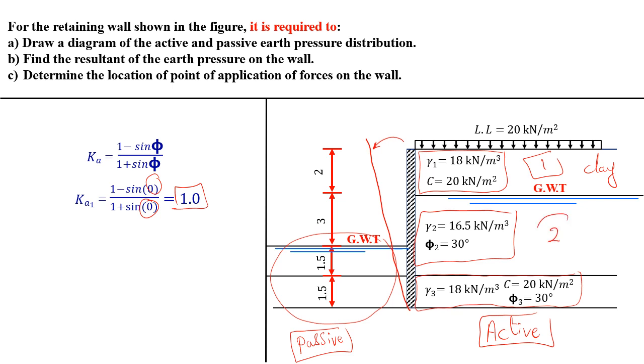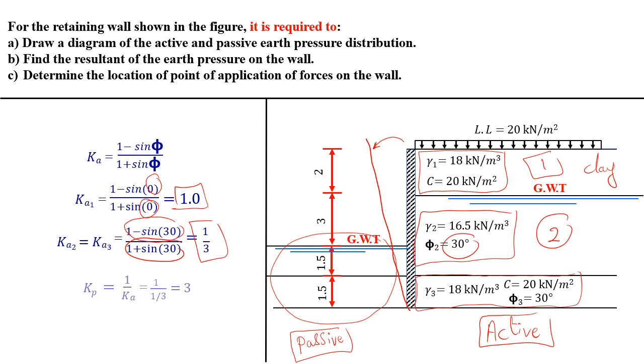For the second soil, which has an internal friction angle of 30 degrees, it's a sand layer, K active will be one third, 1 minus sine 30 over 1 plus sine 30. The second layer has the same K active as the third layer. Both of them have a K active value of one third because both of them have an internal friction angle of 30 degrees.